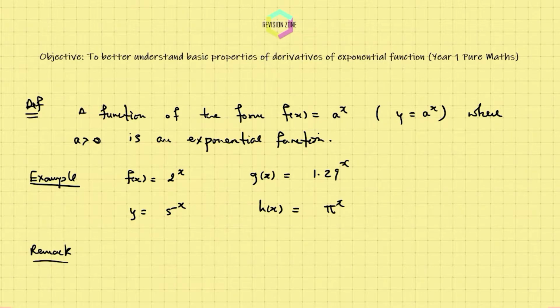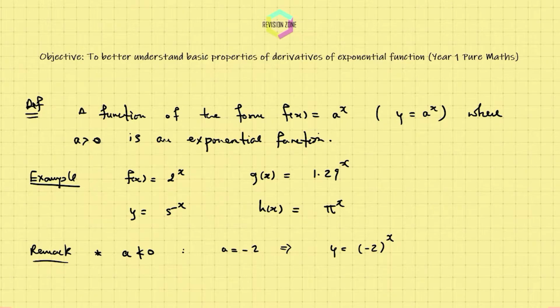The remark is that a actually cannot be less than 0 in our above definition. And why is that? Let's take an example of a being minus 2. Then the exponential function would be y equals minus 2 to the power x.